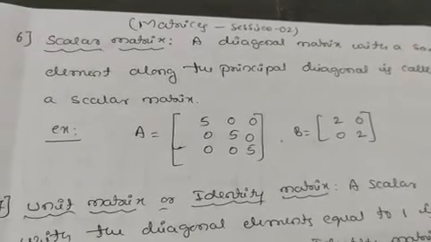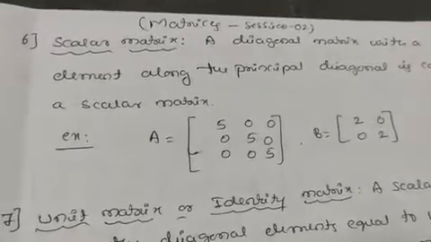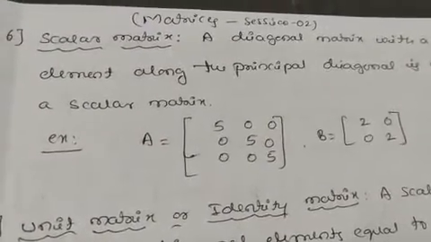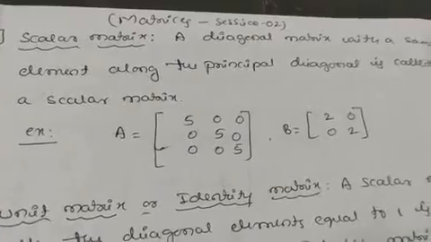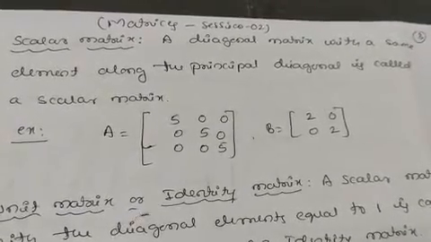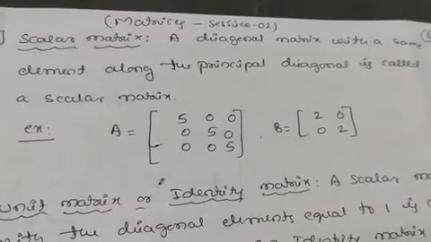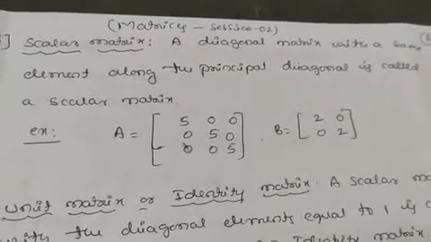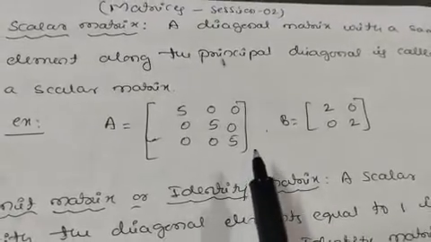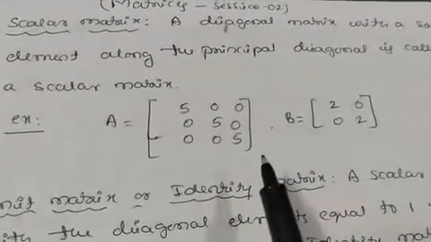So today let us study the definition of a scalar matrix. A diagonal matrix with the same elements along the principal diagonal is called a scalar matrix. As we have seen, a diagonal matrix means only the diagonal elements are other than 0 and all remaining elements are equal to 0.